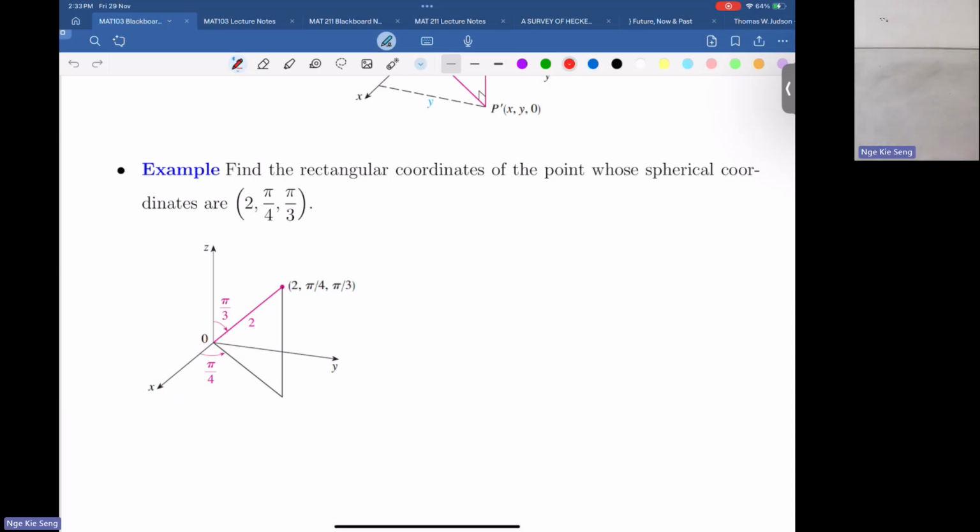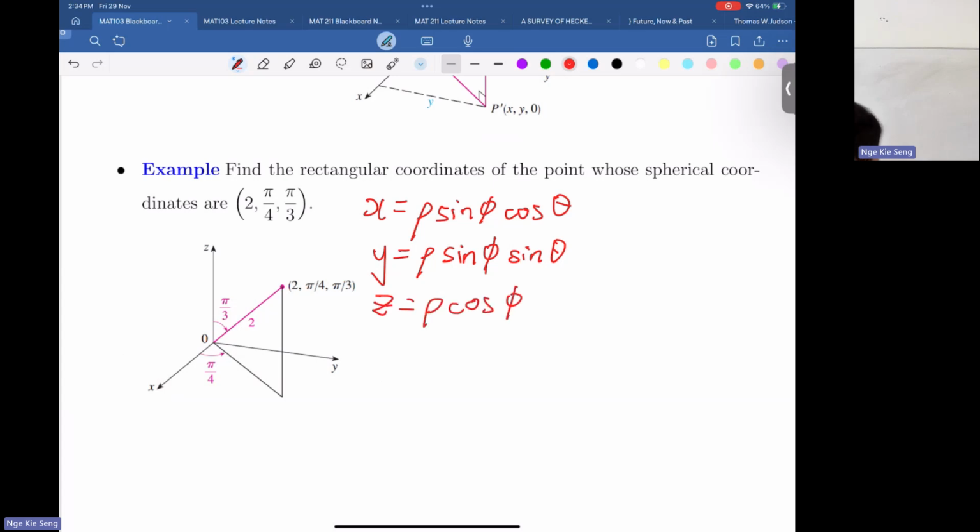Meaning you want to find x, y, z. So what's the formula here? x equals rho sine phi cos theta, and y equals rho sine phi sine theta, and z equals rho cos phi.